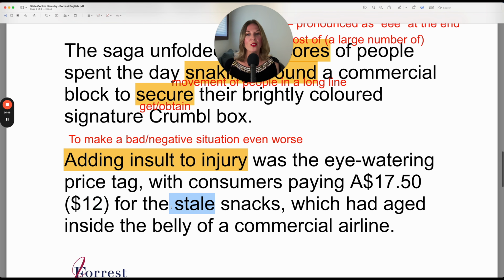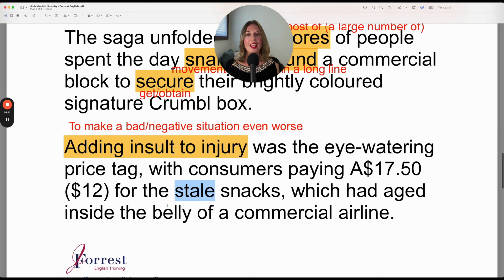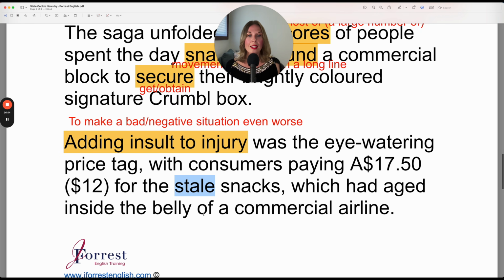So here again, they're using that adjective, stale snacks, which had aged inside the belly of a commercial airline. Because remember, Crumbl doesn't exist in Australia. These people went to Hawaii, purchased the cookies, brought them back and sold them days later.